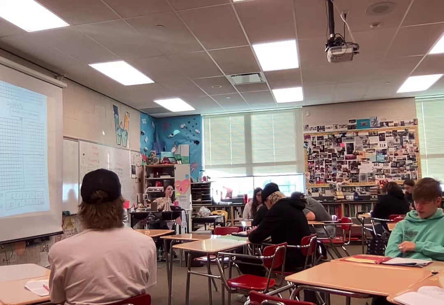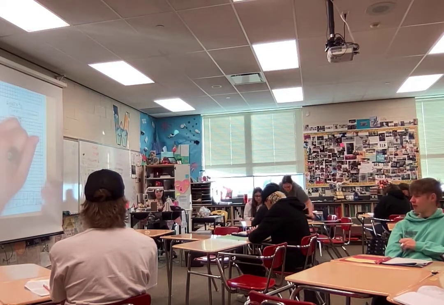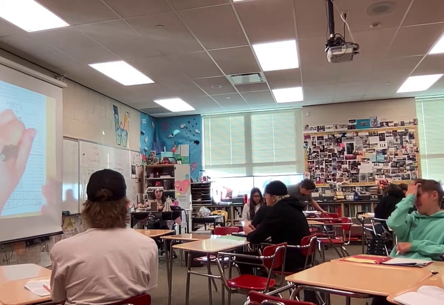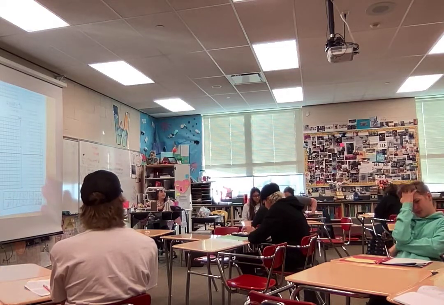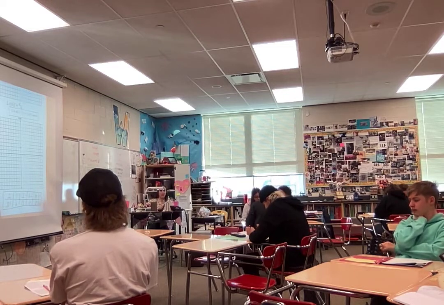I'm trying to help you right now. So 0, 2 is your first point. I know it's sideways, but this is my x, and this is my f of x.